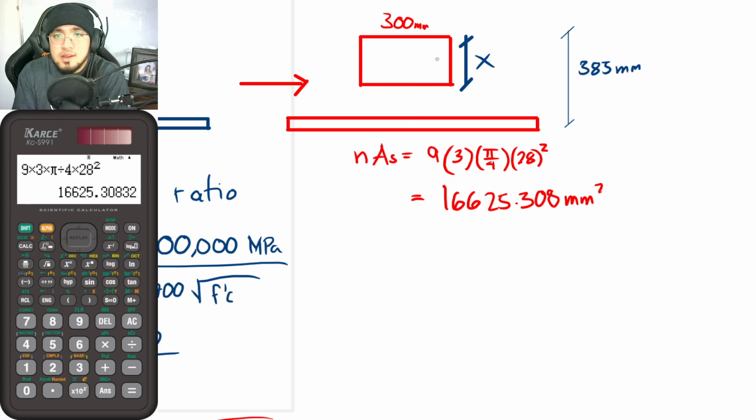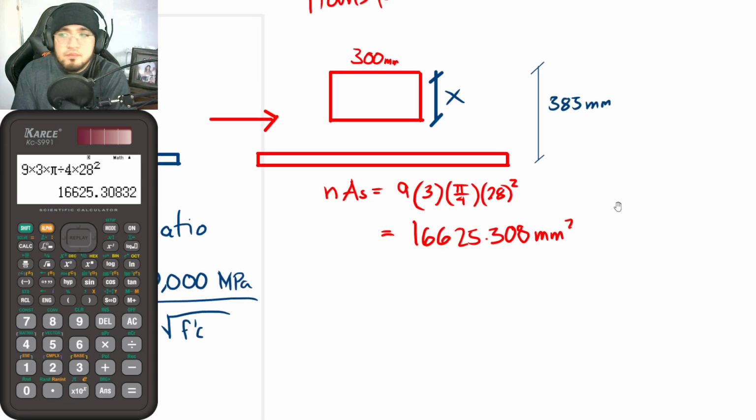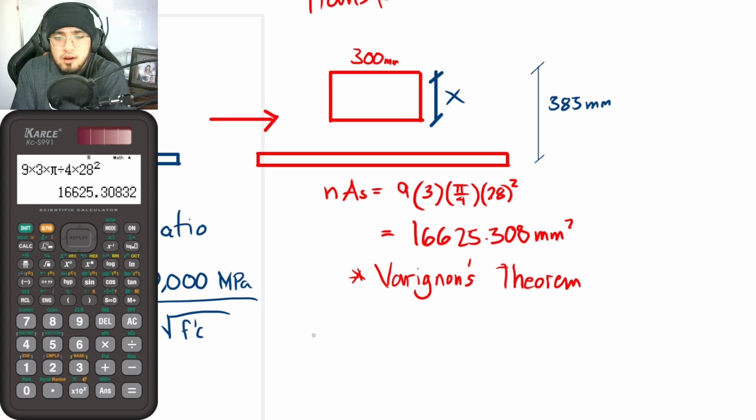What I mean is, let us first consider the concrete section here. The total area of that concrete section is, by Varignon's theorem, equal to 300 times x. Once again, if this is my reference point, what is the lever arm of that particular area? If this is its centroid, then the lever arm is x over 2.